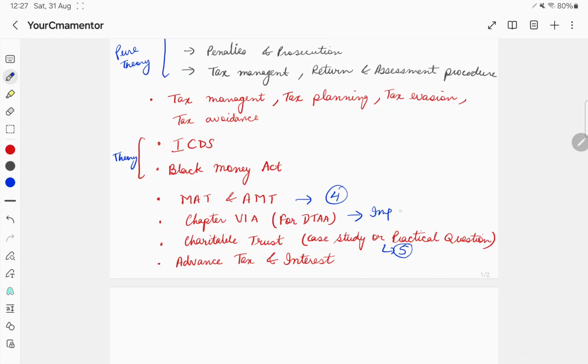Go through those sections of chapter 6A very well, because if you don't know the provisions of those sections of DTAA, then your DTAA questions may also go wrong. So learn those sections by heart, and for the remaining ones just give them a read.